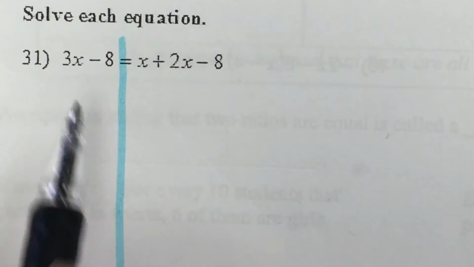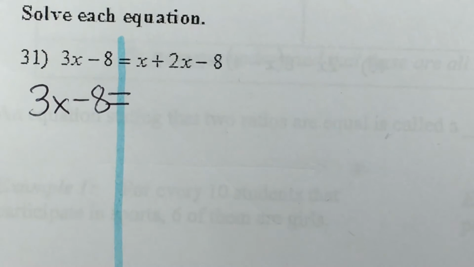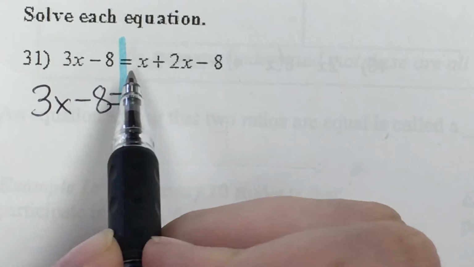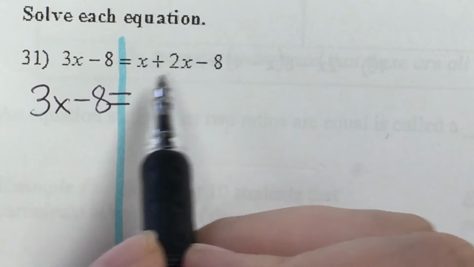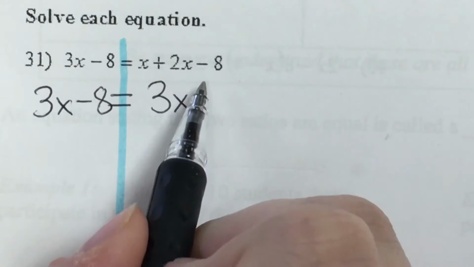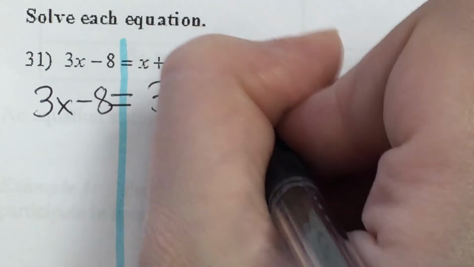No. So I just leave this the way it is: 3x minus 8 equals. On the right side, I have 3 terms, and 2 of them have an x. So those are like terms, and I need to combine them. 1x plus 2x is 3x, and then my constant minus 8.